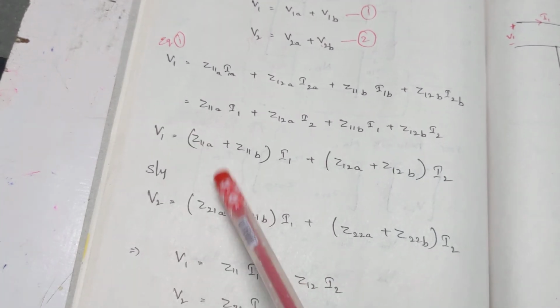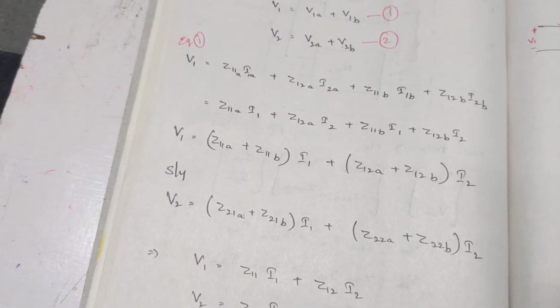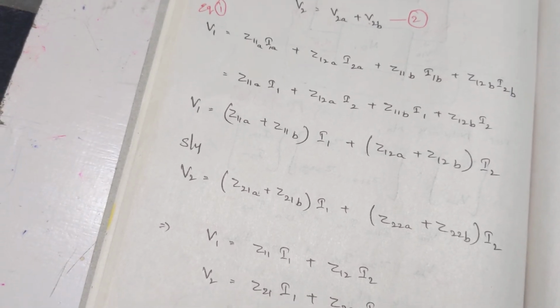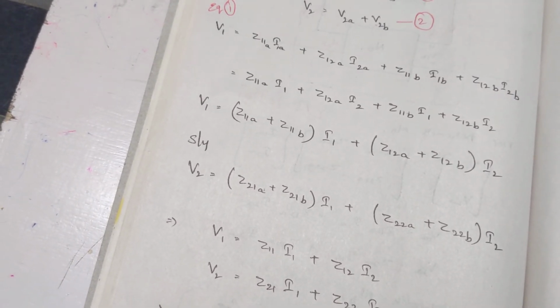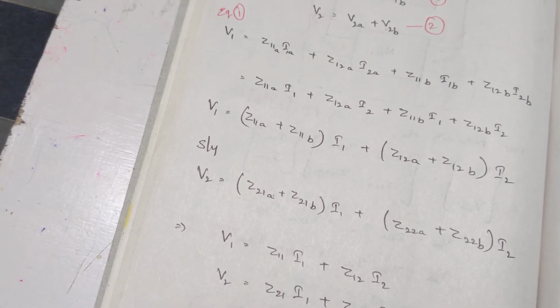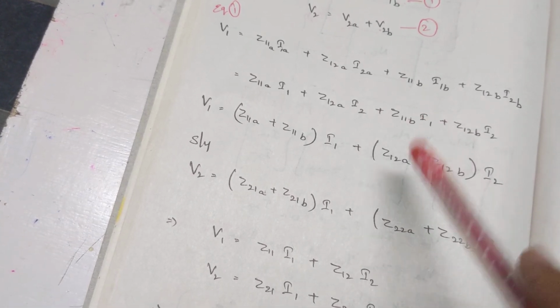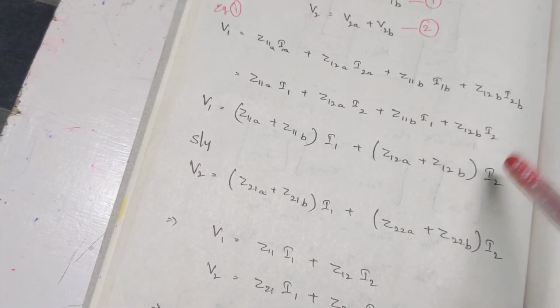That is the sum of the A network and B network. Z11 of the A network and B network are added. Similarly, Z12 of the A network and B network are added.